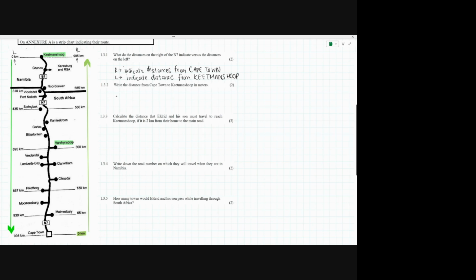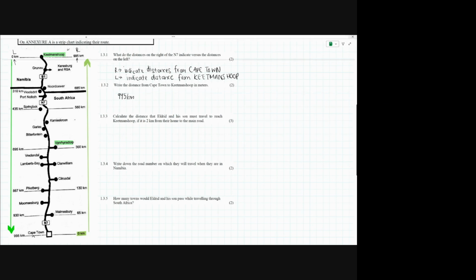Remember Cape Town is all the way down at the bottom here, Keetmanshoop all the way at the top here. From Cape Town it is 995 kilometers. Nice. Okay, so the whole 995 kilometers.